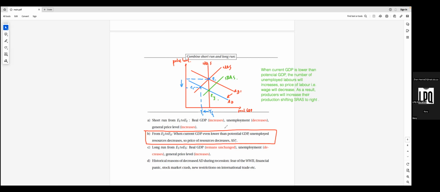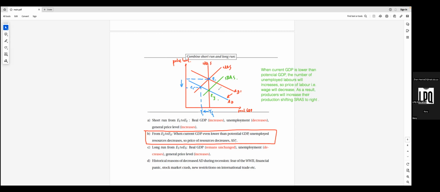And this graph is about when the current GDP, like E number two, is lower than the potential GDP. For example, on the left-hand side of the vertical long-run AS, your current GDP is very low. Whether higher level or lower level GDP, finally we need to normalize the GDP.